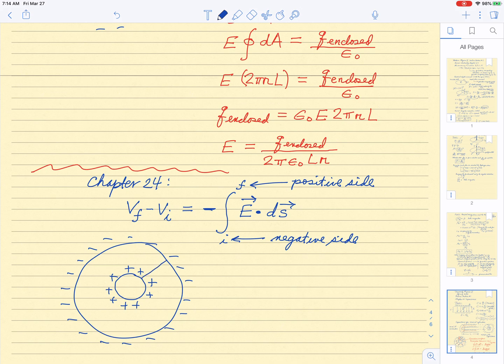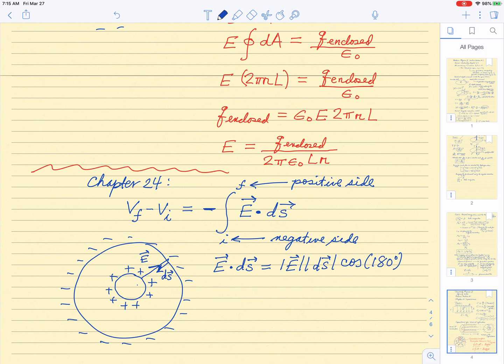That the electric field is in this direction, but you're integrating from the negative side to the positive side, and so ds is going from the negative plate to the positive plate, so that E dot ds is actually going to be the magnitude of E, magnitude of ds, times the cosine of the smallest angle between them, but that's 180 degrees.